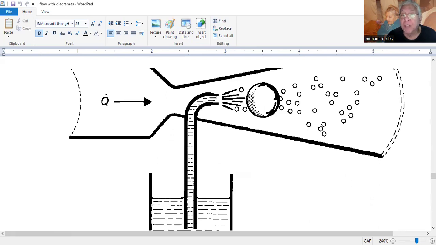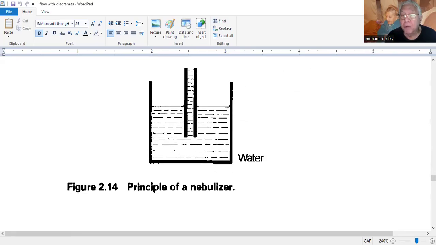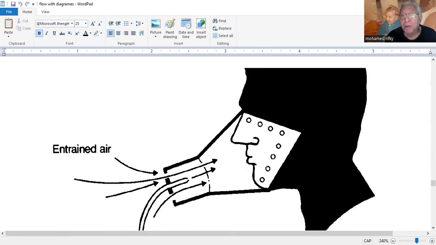This is the nebulizer. Of course, this is a constriction, and we have fluids. These fluids are being entrained, and then hit an anvil to make small droplets. And this is the venturi mask. Also, this tubing has a narrowing at the end. This narrowing will increase the velocity and decrease the pressure. So this decrease in pressure can make 1 liter of oxygen suck 9 liters of air.